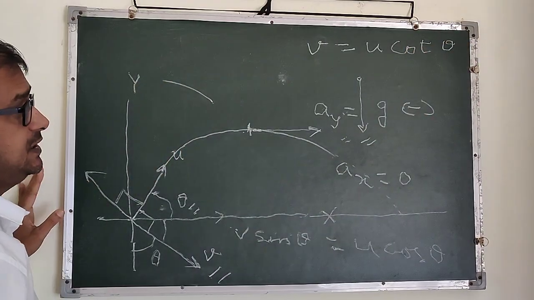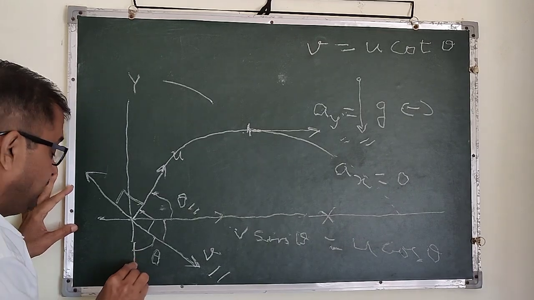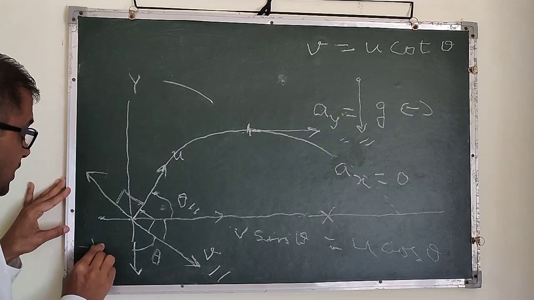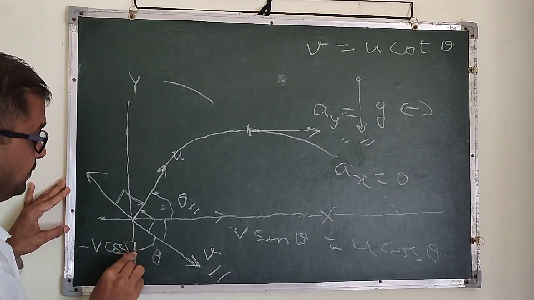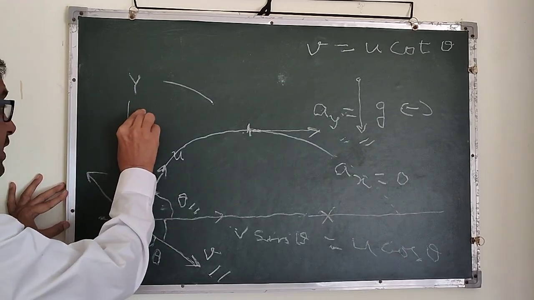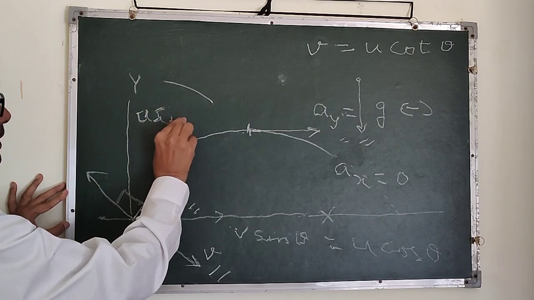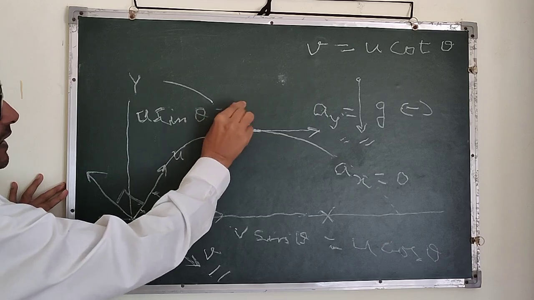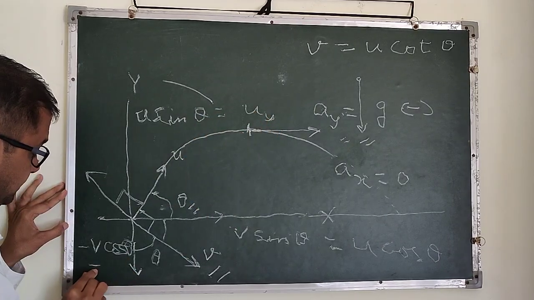And suppose the question is this: at what time will it occur? So this velocity is v cos theta but negative, because the downward direction is the negative direction. Means v cos theta becomes negative, while u sin theta is the vertical velocity at the time of projection, that is uy, and this is vy.